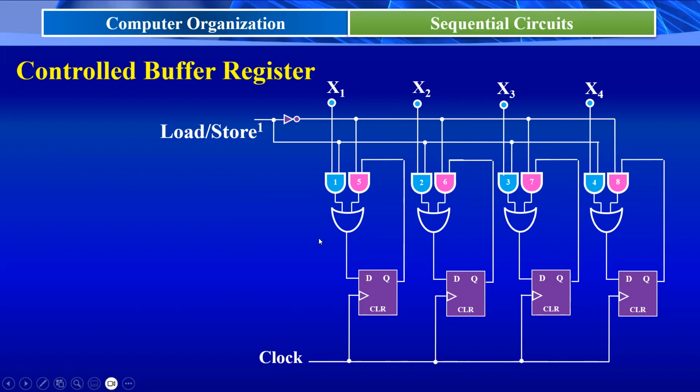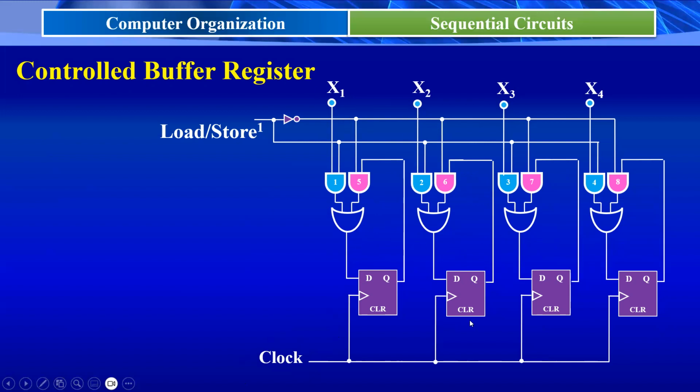Now for the OR gates, here x1 plus 0, so the output is x1. Here x2 plus 0, output is x2. Here x3 plus 0, output is x3. And here x4 plus 0, output is x4. If you apply a clock pulse, those x values reach the output.